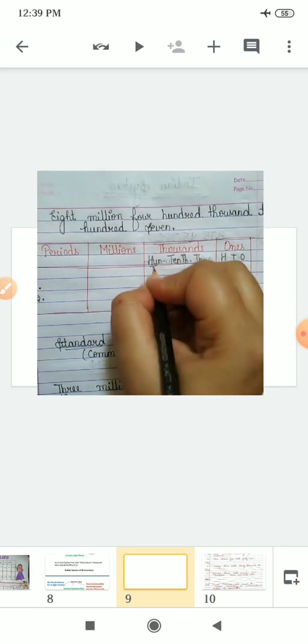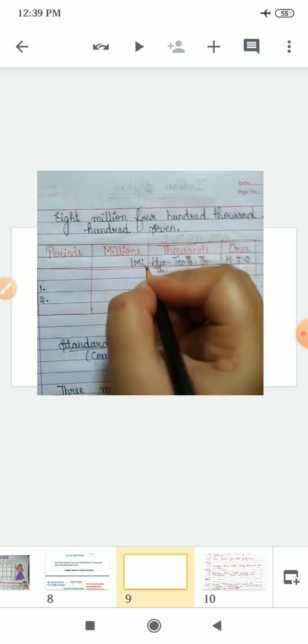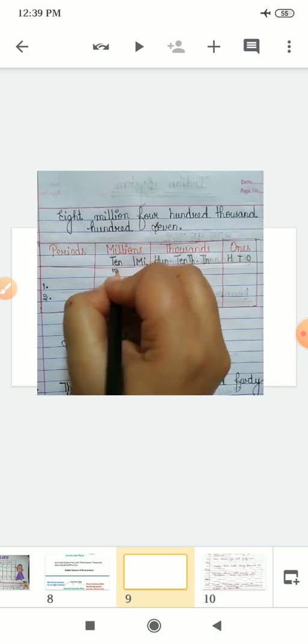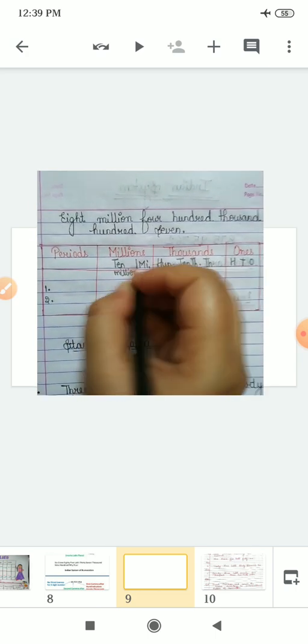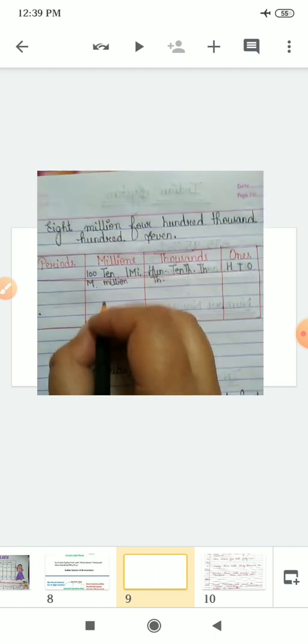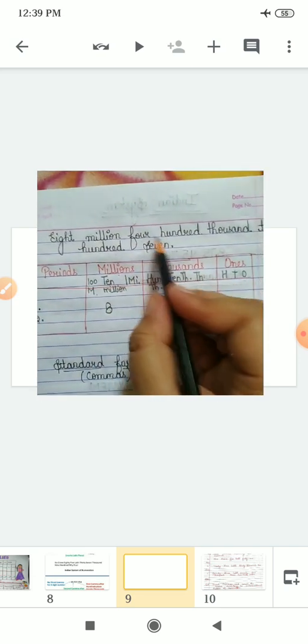It is given 400,000. How many thousands are here? 400,000. So 400 will come in the thousands place, and this will be 307, because 1 stands for hundreds. This will come here.